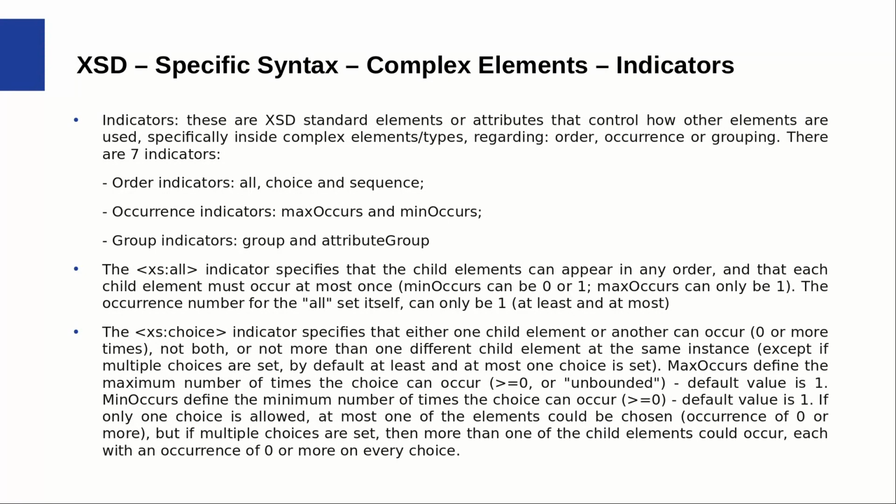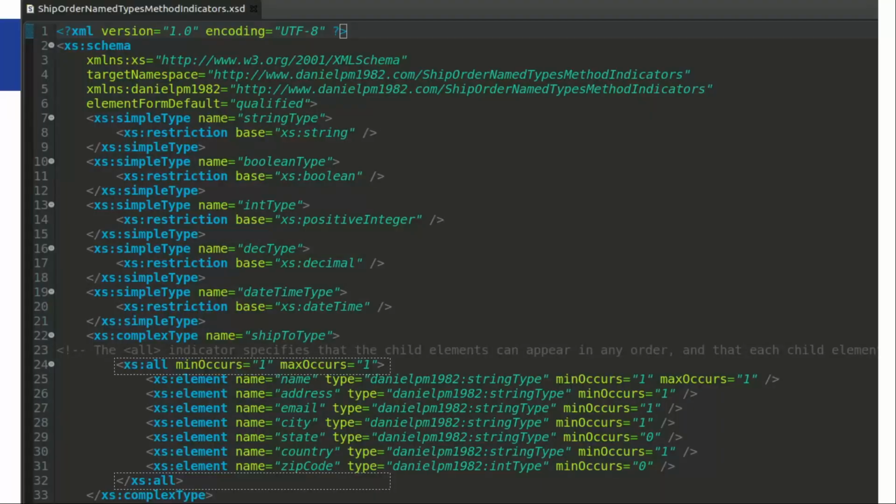And the declaration of the element all itself can only be 1. So let's jump to the example. For example, here we have this schema with the declaration of simple types, and later with the declaration of this complex type, shape2Type. It's a shape order schema designed with the named types method, where I exemplify the indicators.